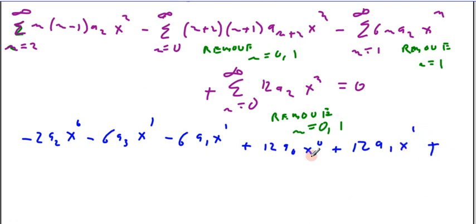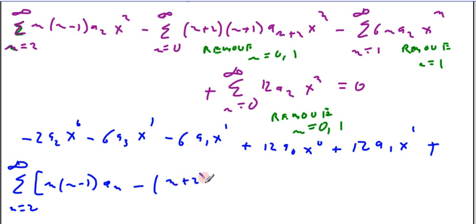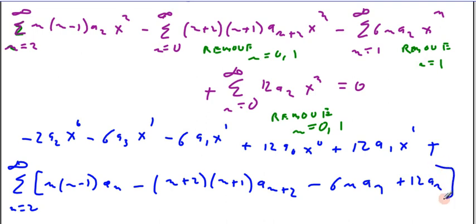Then I'm going to have summation n is equal to 2 to infinity n minus 1 an, minus n plus 2 n plus 1 a n plus 2, minus 6n plus 12 an x to the n is equal to 0.